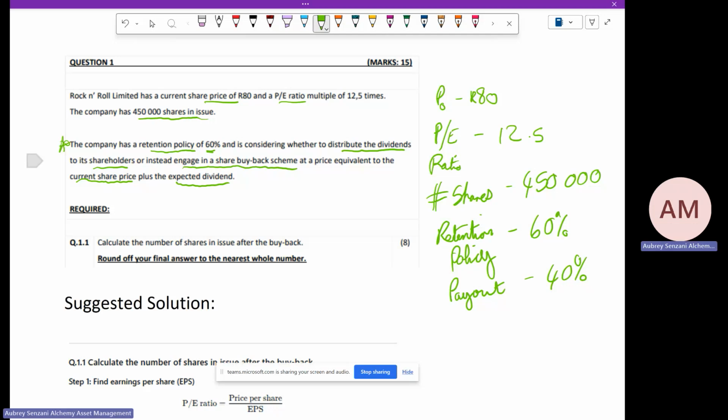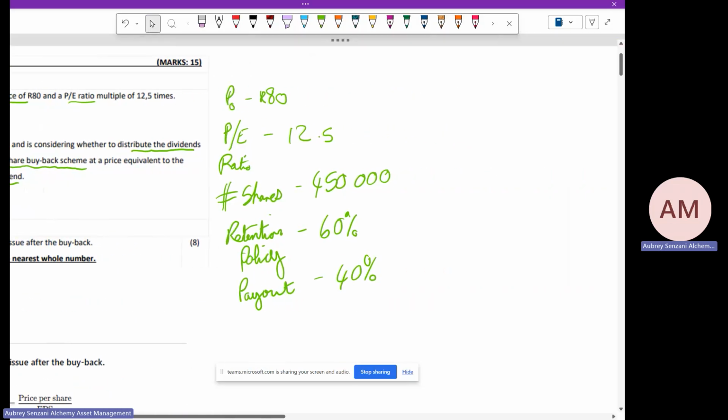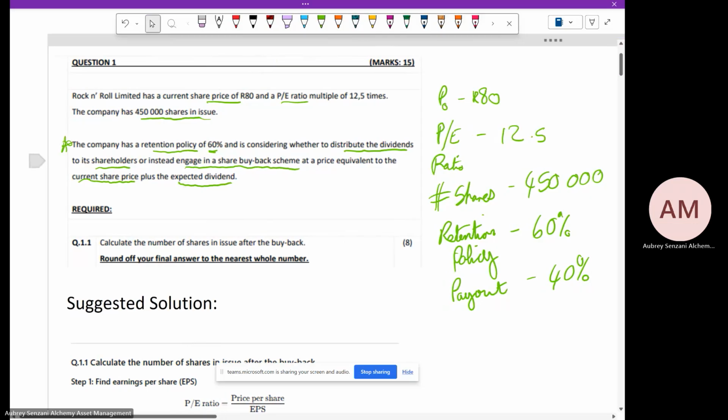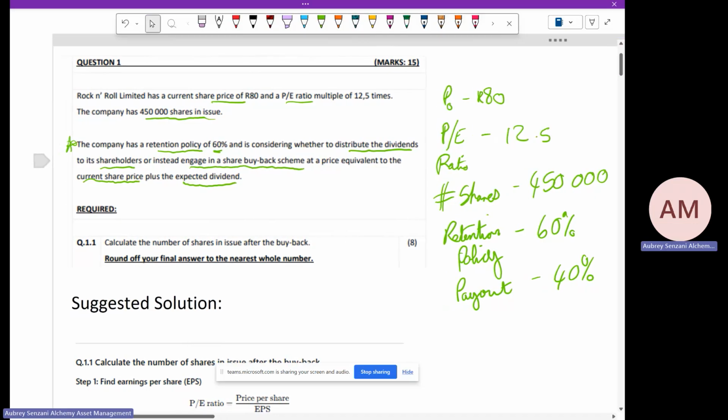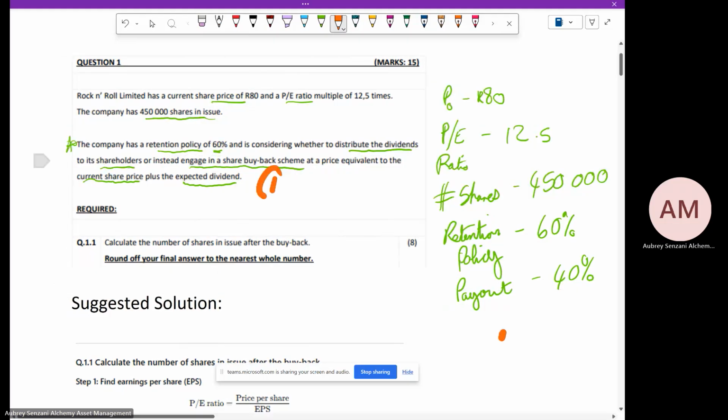So basically if you say 1 minus 60%, it will give you 40%. So the two options that we are considering are: 1, do we distribute dividends?